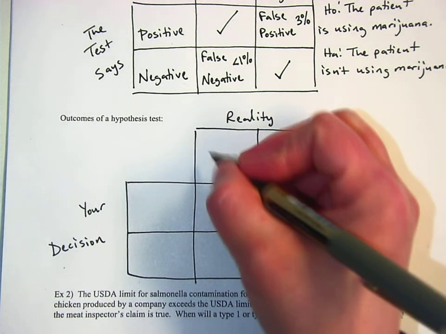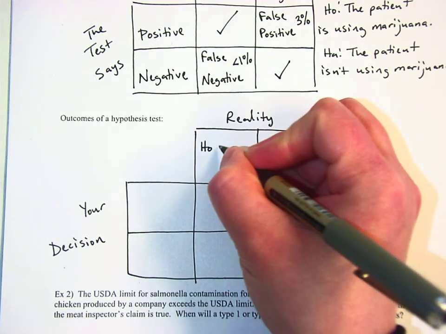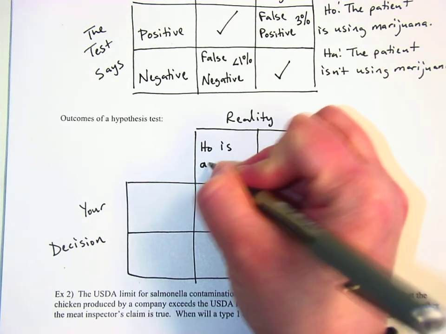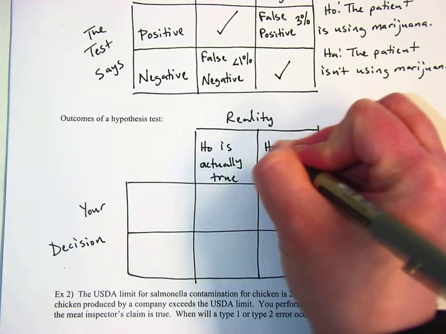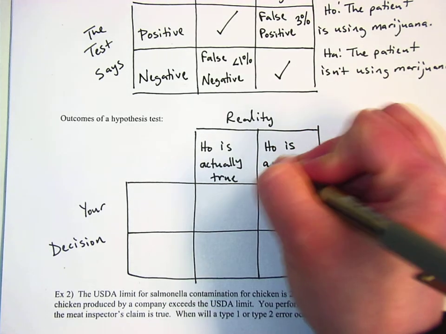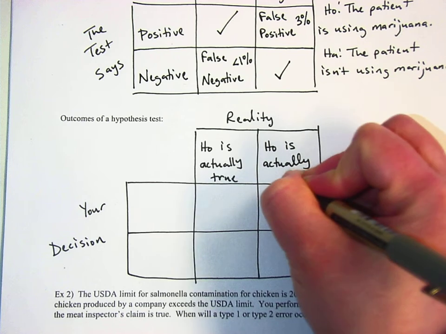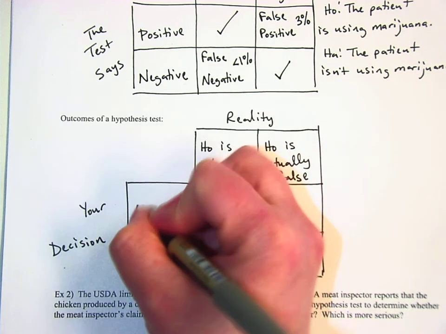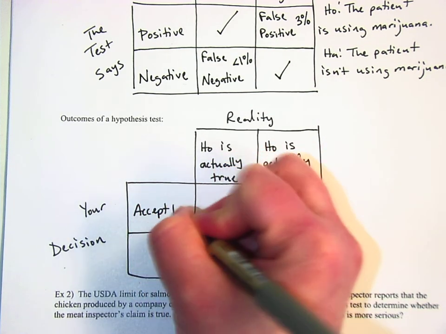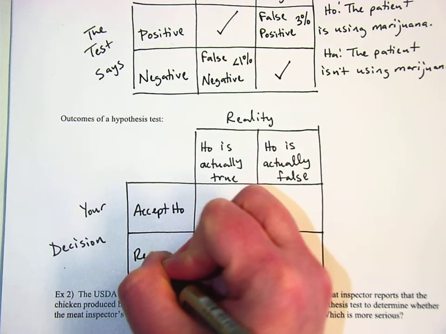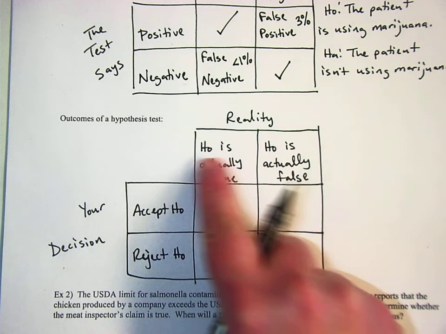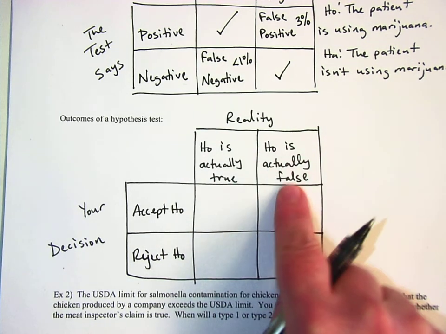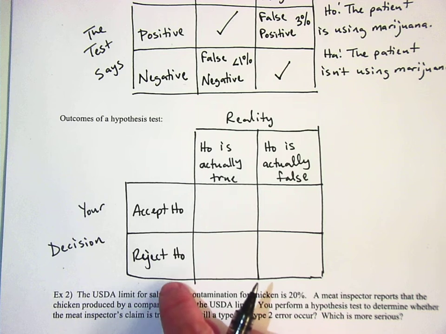So we're talking about H sub O. Just in case you can't read my writing, that says H sub O is actually true, H sub O is actually false. This one says accept H sub O, and this one says reject H sub O.